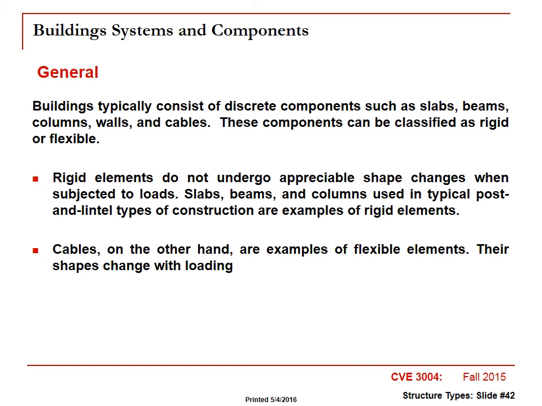Okay. Again, when we talk in general, we might talk about something being rigid versus something being flexible. That's just terminology, but when we talk about rigid, we're talking about something that doesn't undergo appreciable deformation.